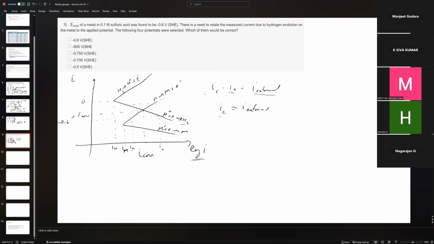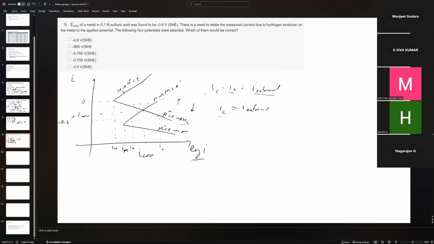So if we want to measure the hydrogen evolution, we want to go down. And if we wanted to measure the corrosion current, the rate of corrosion, it would be favorable to go up instead.